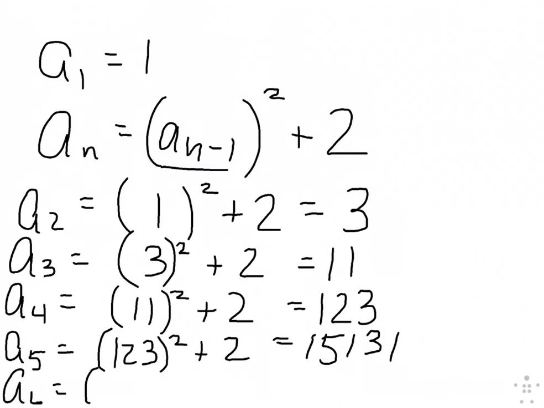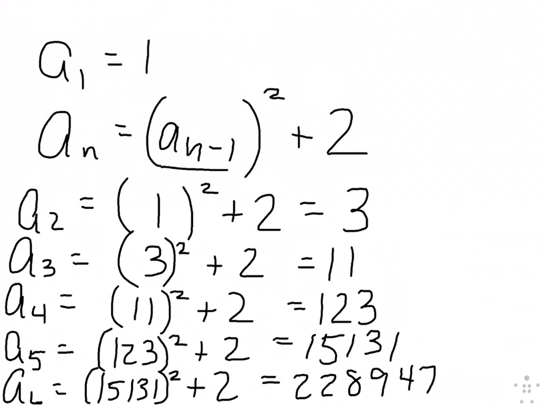A6, last one. 15,131 squared plus 2. 228,947,163. If you make that much money in your lifetime, don't forget I told you that. Okay?